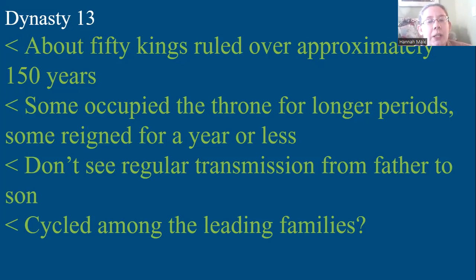So unlike particularly in the 12th dynasty, you don't see a regular transmission from the father to the son. And so that's why the order of the 13th dynasty and who exactly reigned when and who exactly had control of what is something that's a little bit harder to figure out, because the documentary and the written record is just a lot more patchy for Dynasty 13 than it is for Dynasty 12.